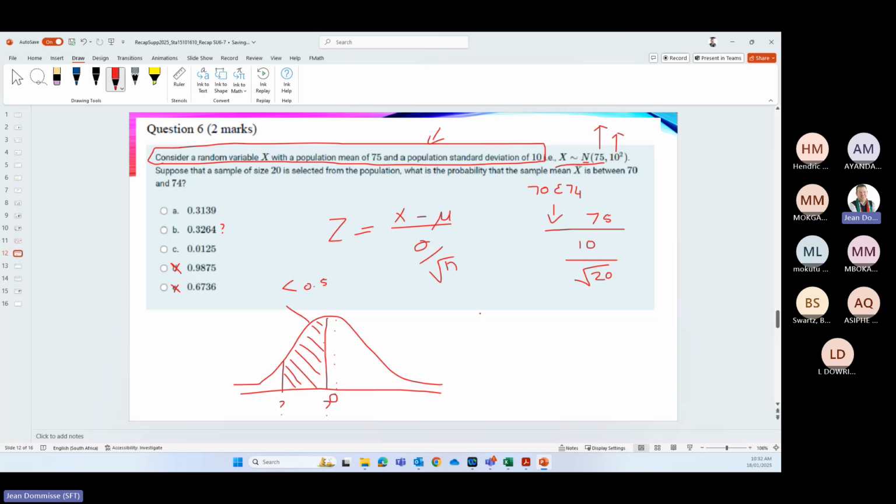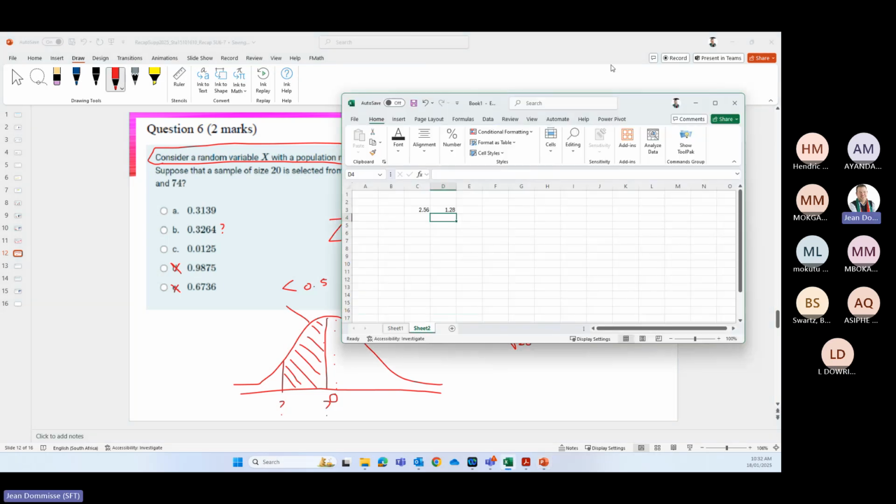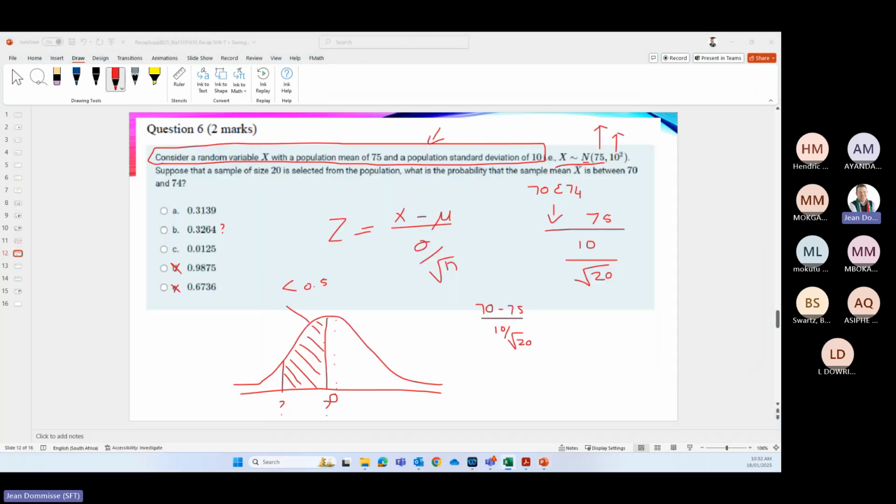But let's look. So let's first work out 70 minus 75 divided by 10. Okay, so let's, again, I don't have my calculator with me.